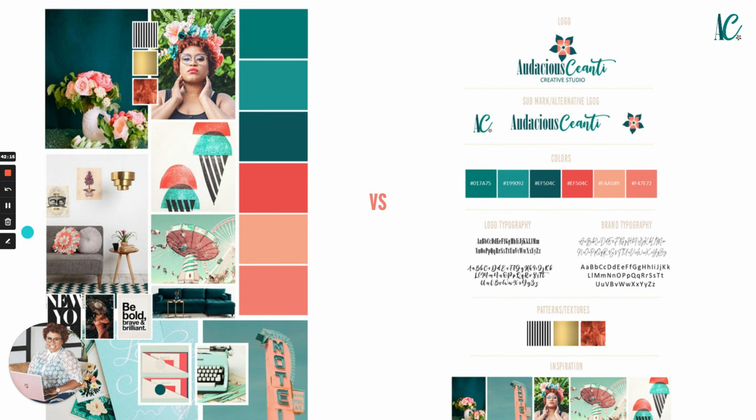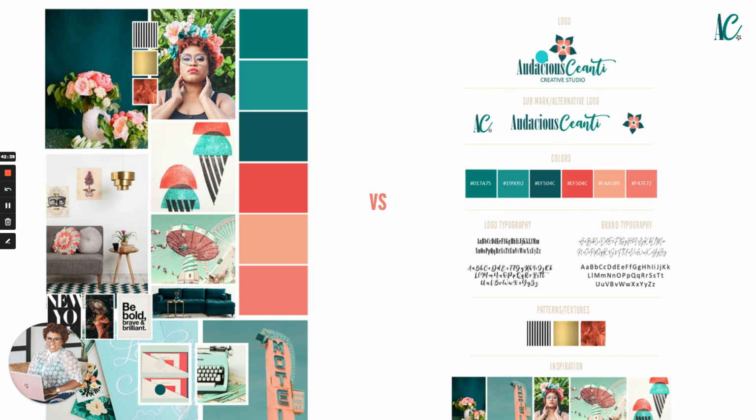And so you can see here is my mood board on the left. Excuse me. And here's my brand board on the right. So it has my exact colors with the hex codes, my logo, the icons, alternative logo, then my logo typography, my brand typography.